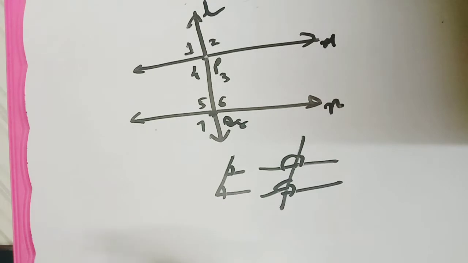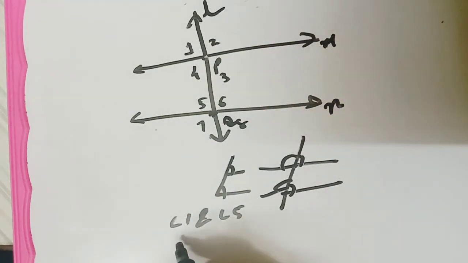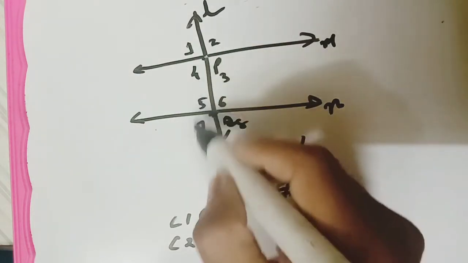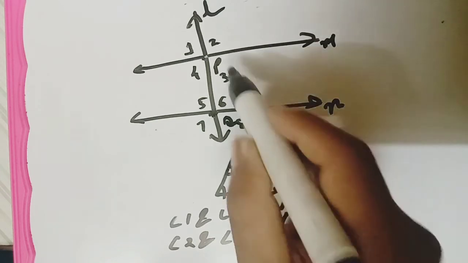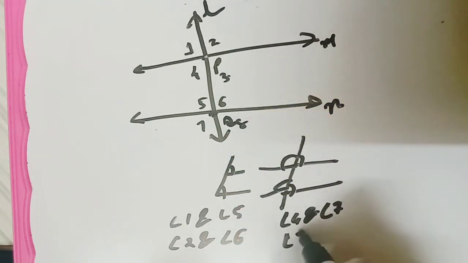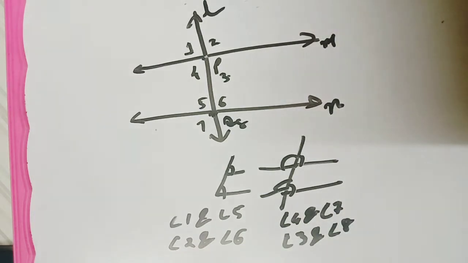So here we get 4 pairs of corresponding angles: angle 1 and angle 5, angle 2 and angle 6, angle 4 and angle 7, and angle 3 and angle 8. So we get the 4 pairs of corresponding angles.